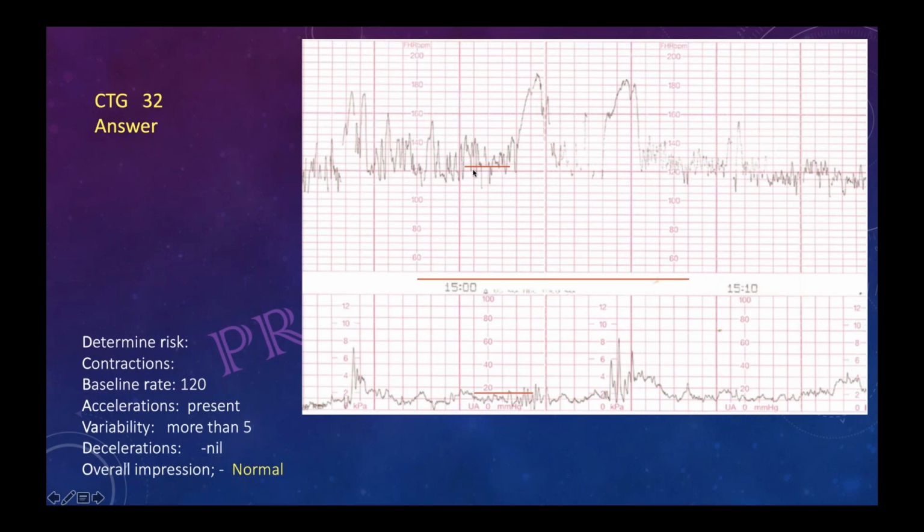Ma'am, on your left side, the baseline variability, will it be more than 25? If you see, there is no contraction here. You will not take this as variability.